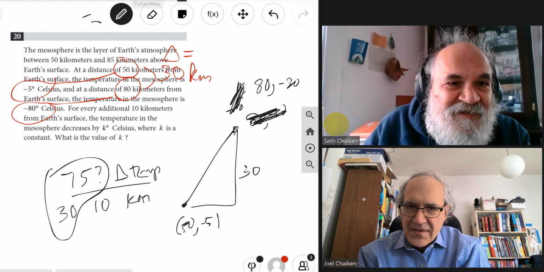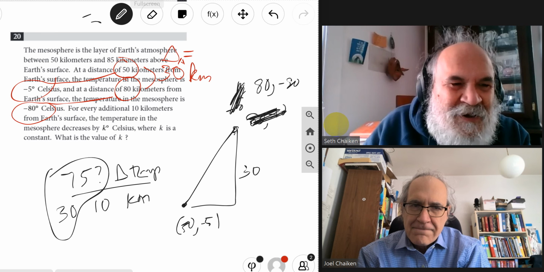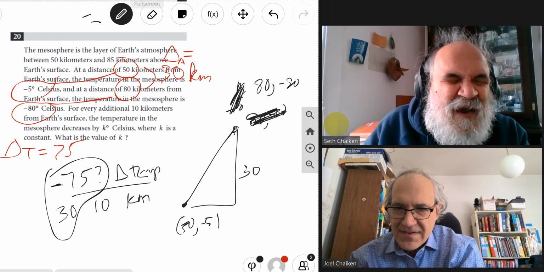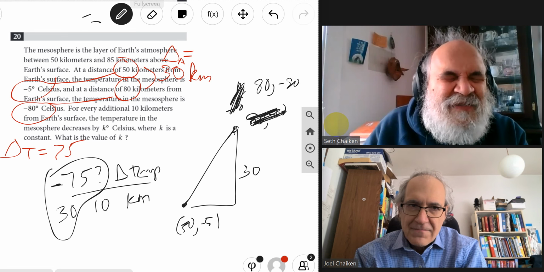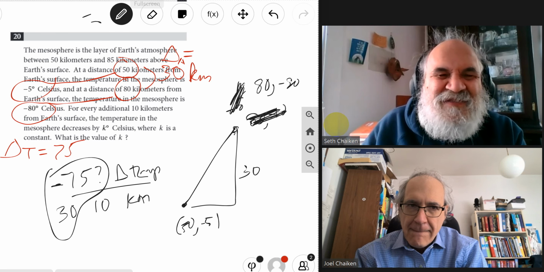Delta altitude is 30, and the change in temperature, delta T, is -75. But what I simply think is, in 30 kilometers it changes by 75.